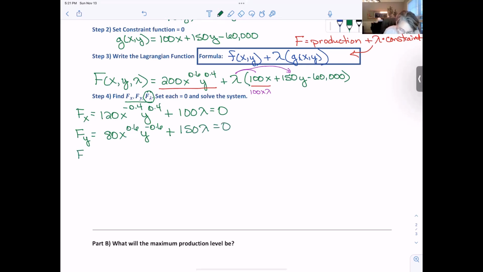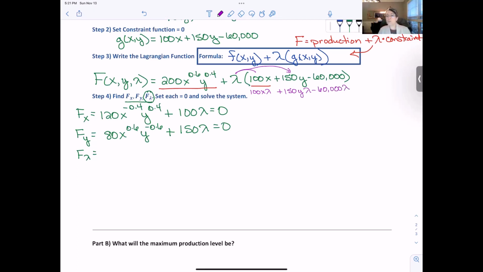And I want you to notice what happens when we take the partial derivative with respect to lambda. I'll write it out here just so you guys see it. If we distributed that lambda, we would get 100x lambda plus 150y lambda minus 60,000 lambda.